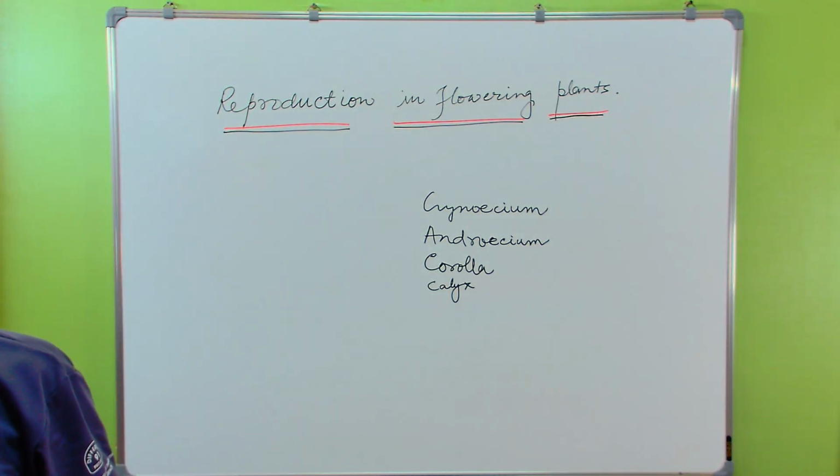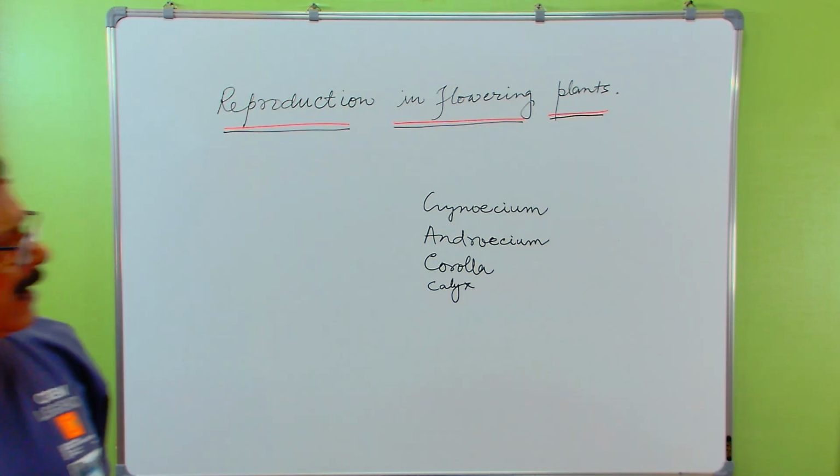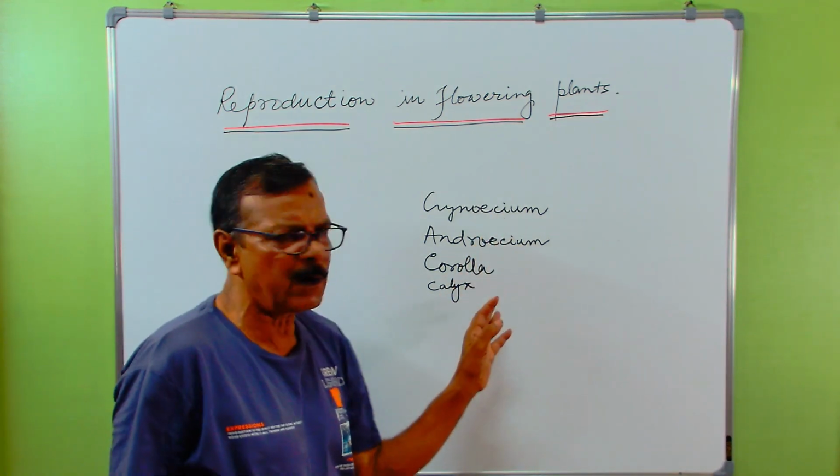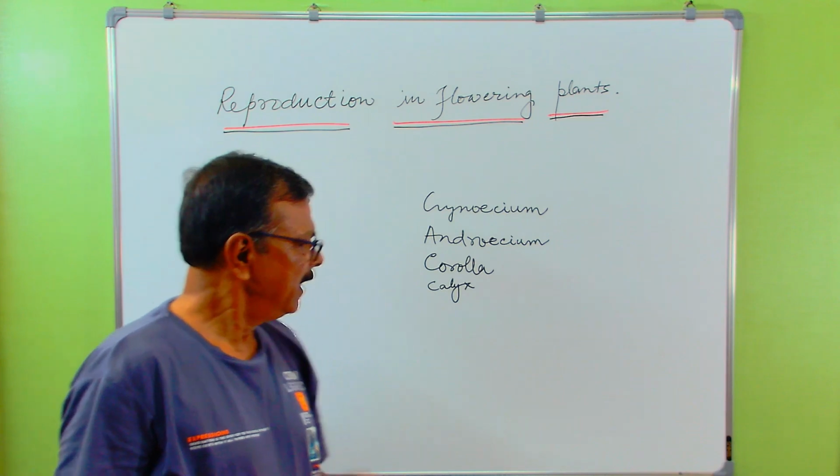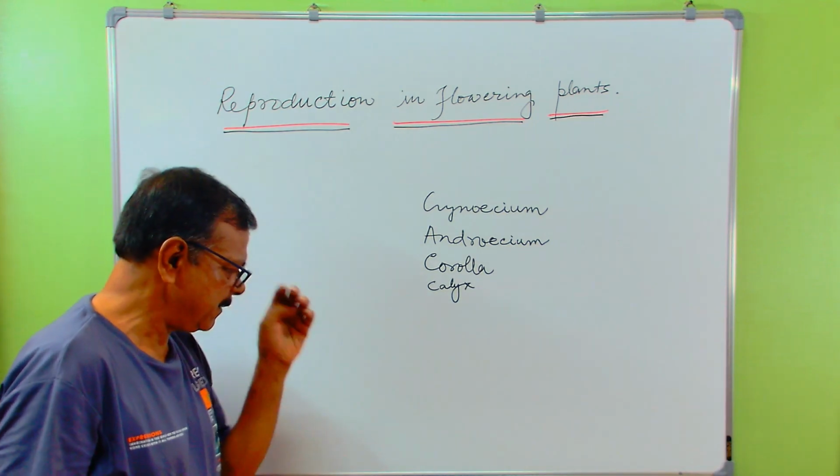These are the four parts of a flower. Do you know why a flower is called a modified shoot? Let us discuss that one first.